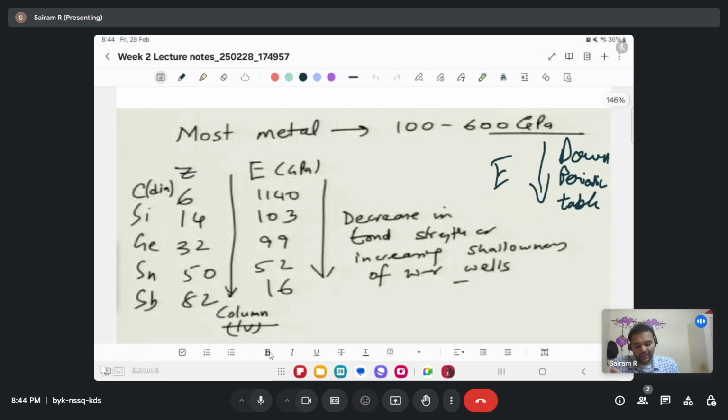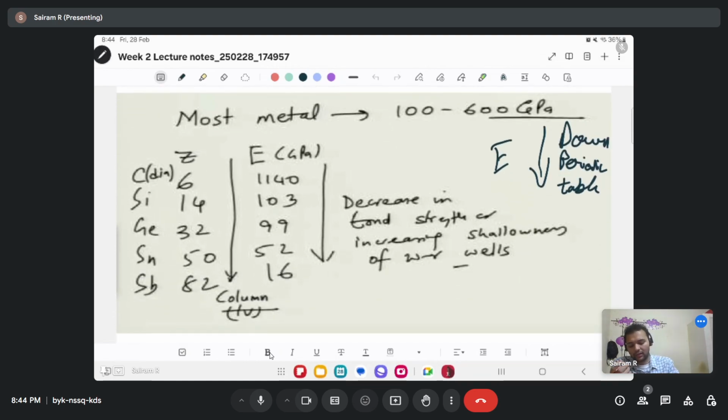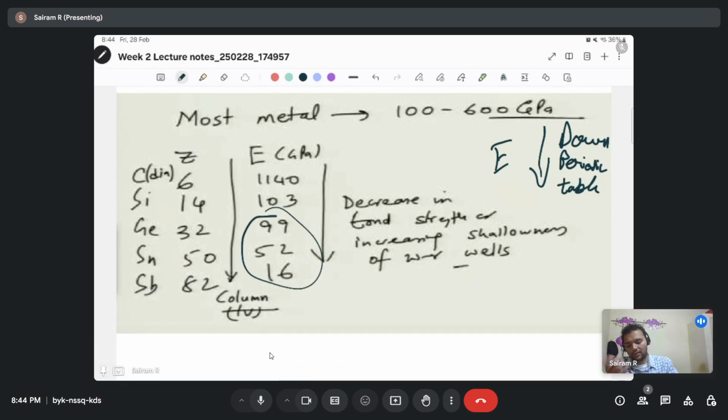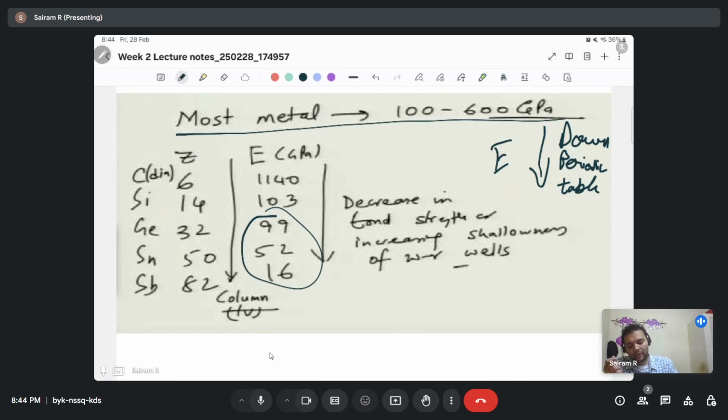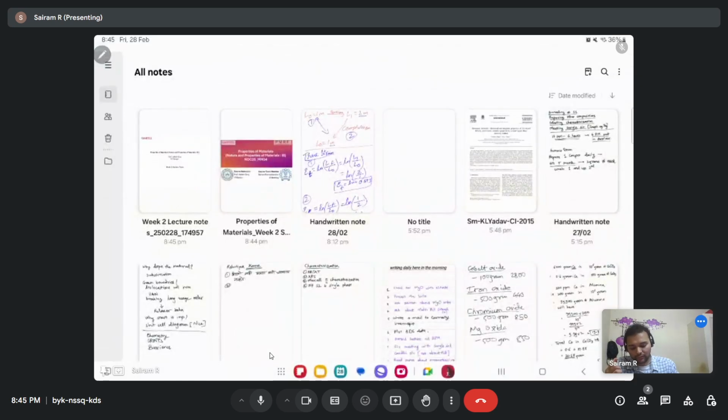Not necessarily this, but germanium, tin, antimony all had values of around 20 to 50 GPa in nature. I'm not including silicon and germanium because those are not necessarily metals. Also, most metals, as you can see, are in the range of 100 to 600 GPa, but in some cases it can go lower as well.